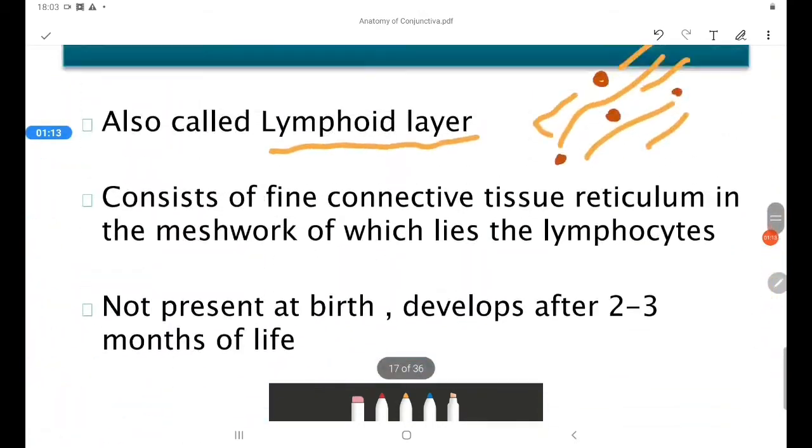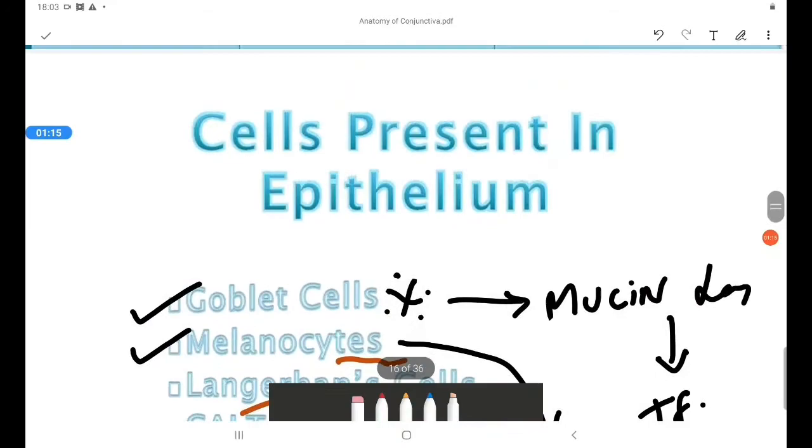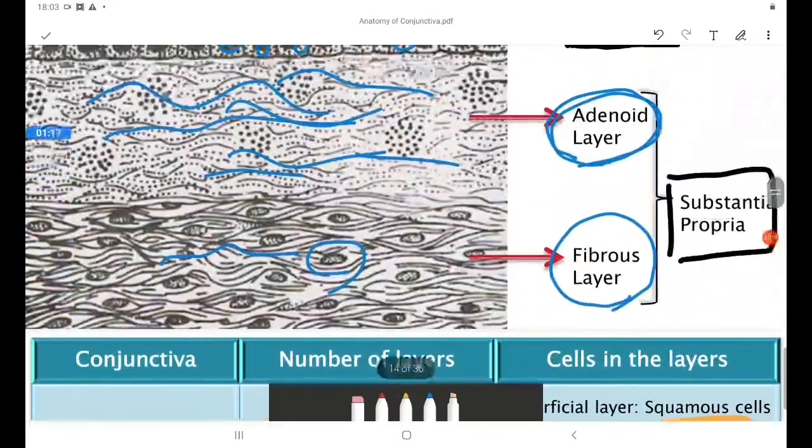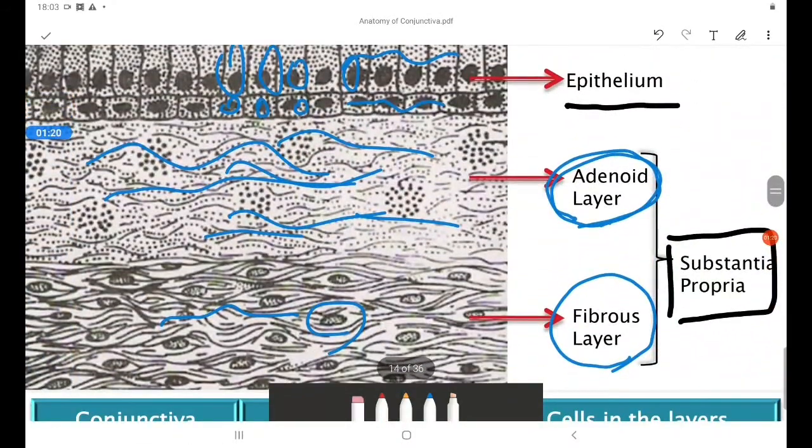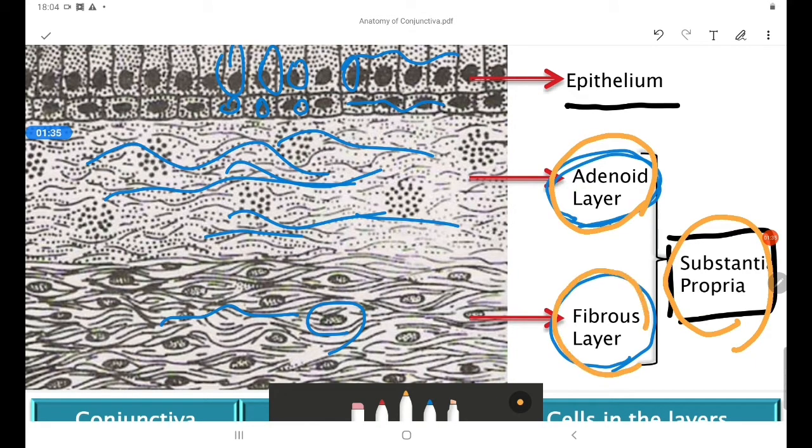So to get a quick revision of this, this is the cross section of the conjunctiva, and we are actually discussing the substantia propria, the adenoid layer and the fibrous layer. The adenoid layer has lots of lymphocytes and the fibrous layers have collagen and elastic fibers.